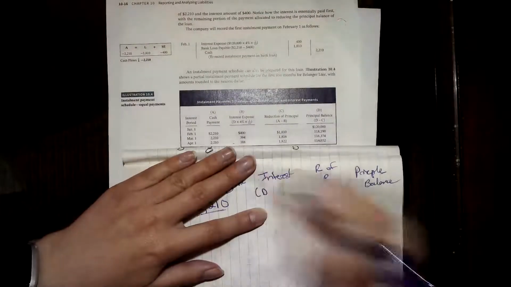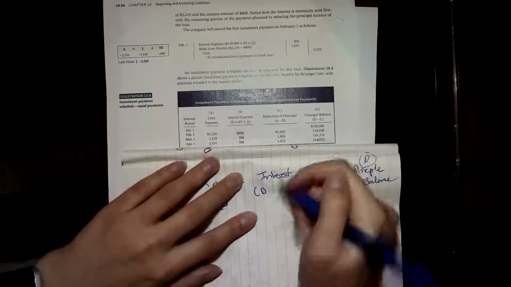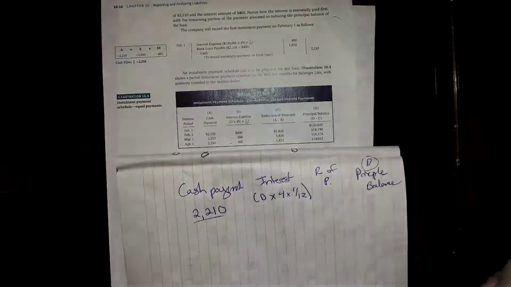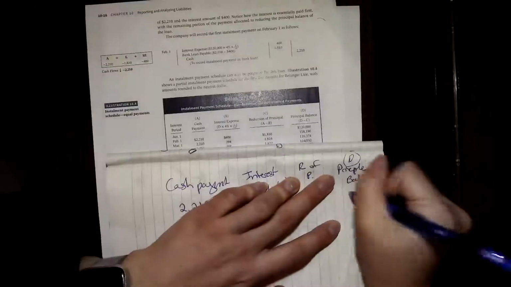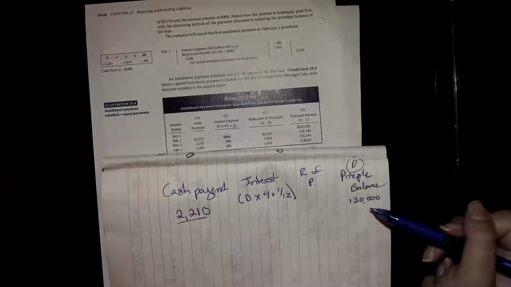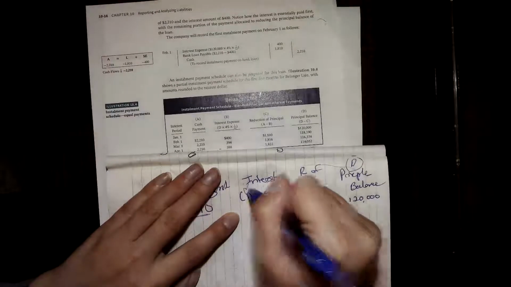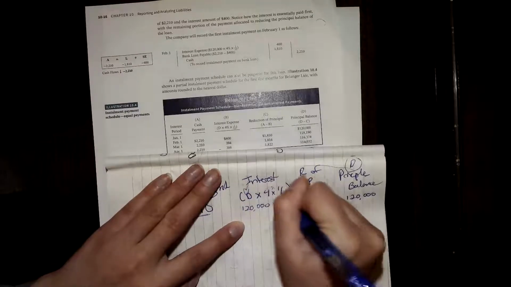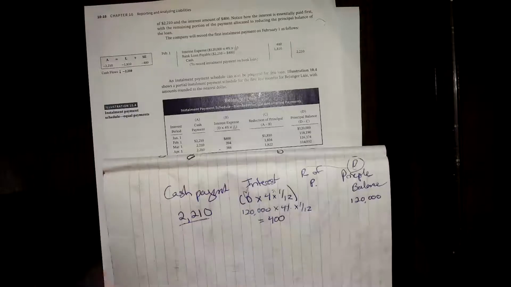So we know how we find interest, we call this D. Interest equals the rate times the amount over 12. Okay, so we know we are calculating our interest based on our principal balance. So if our loan was $120,000, we would calculate our interest by saying, okay, 120,000 times the 4% times 1 over 12, because it's an annual rate, is $400.